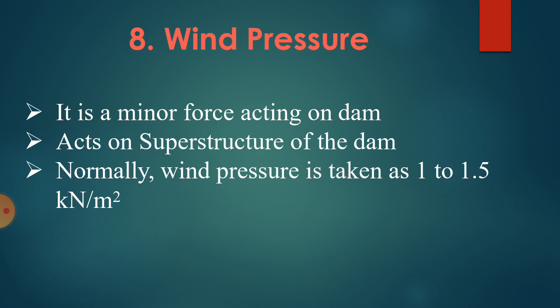Normally the wind pressure is taken as 1 to 1.5 kilonewton per meter square for the area exposed to the wind. Wind pressure is not a significant force and therefore sometimes not considered in the design of the dam.